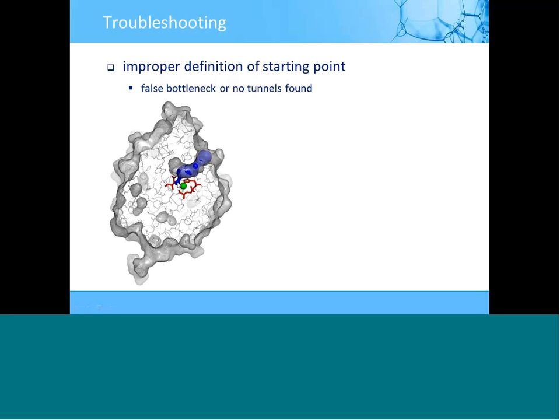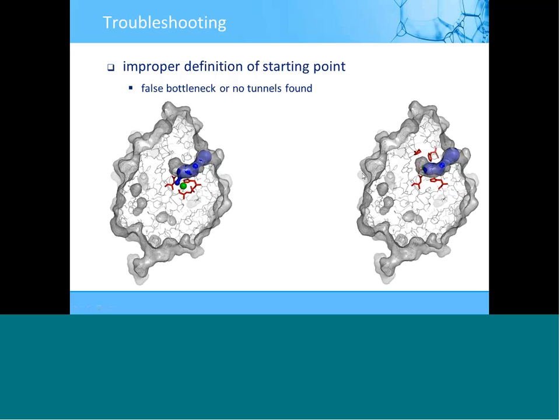The solution is either to use residues symmetrically surrounding the cavity, which is this situation, and therefore you will get your user-defined starting point close to the center of the cavity, and optimization just assures that you have a really excellent position and a very nice tunnel.